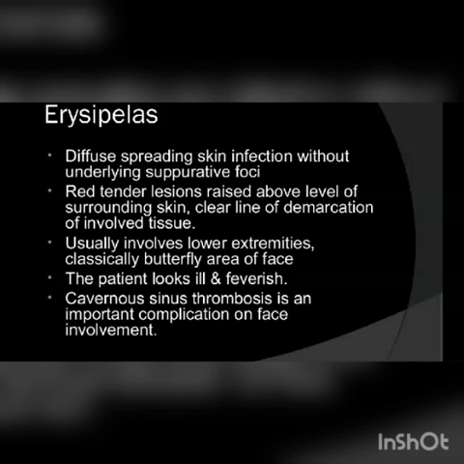Okay, it usually involves the lower extremities. So we can correctly mark the area of the patient where it is affected. That is the main peculiar feature of erysipelas. Okay. Then cavernous sinus thrombosis is an important complication of face involvement.